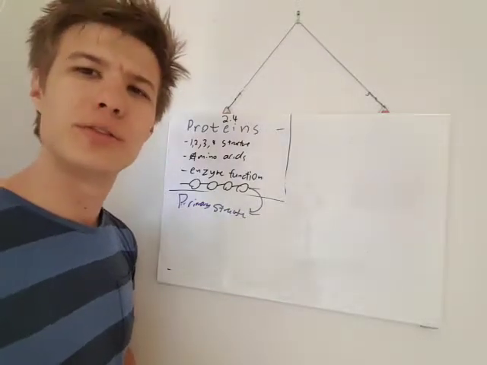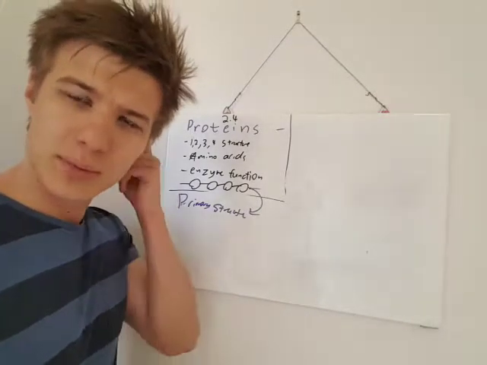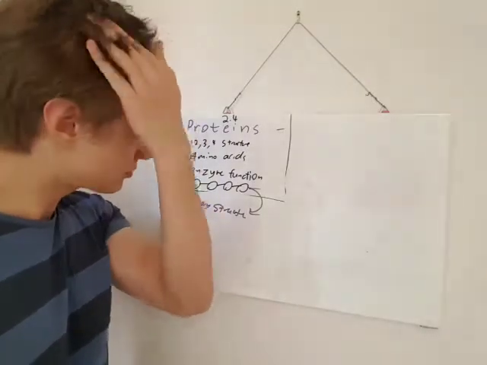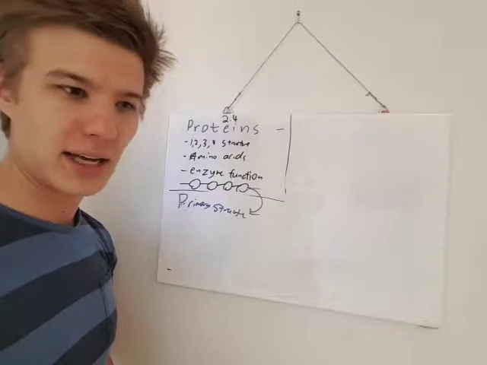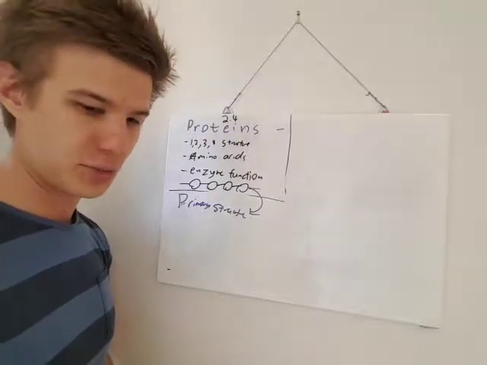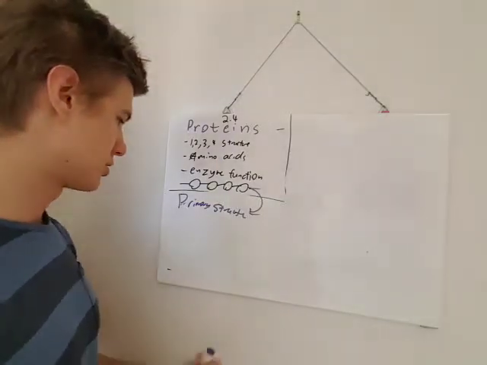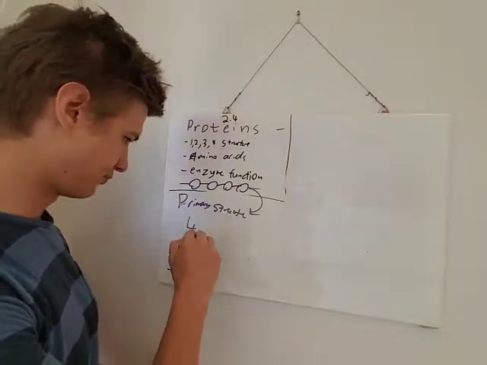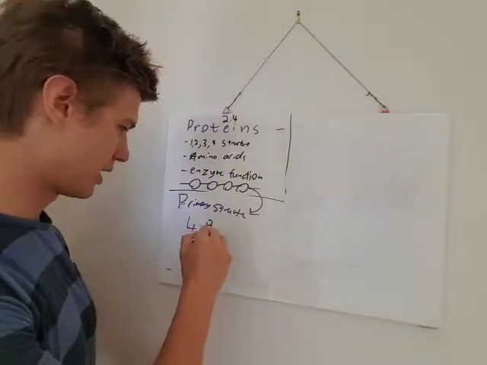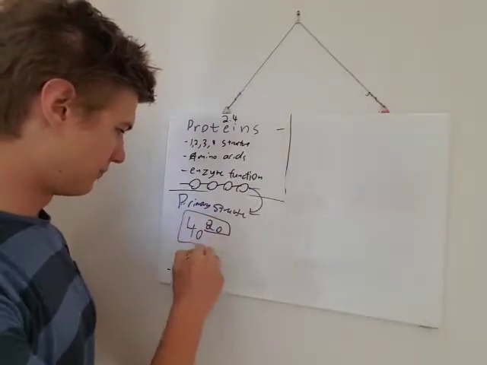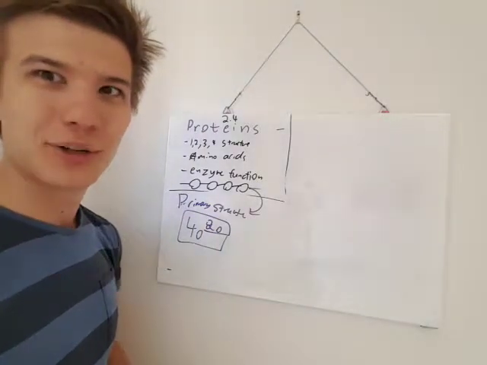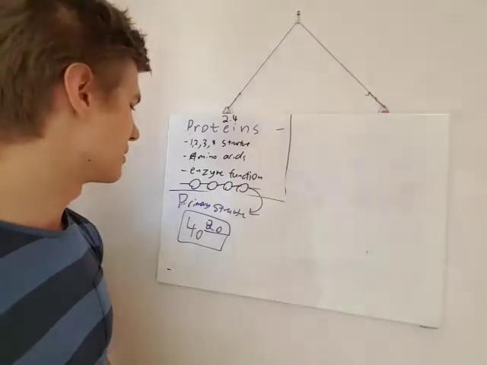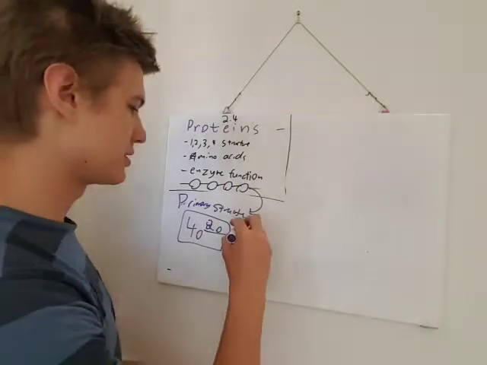I think there are 22 if you count the non-organic ones, but 20 amino acids. And they come together in whatever order, but say the average protein is 40 amino acids long, so there's 40 to the power of 20. It's a lot. There's plenty of combinations that we can make with the amino acids that we have. So that's the primary structure.